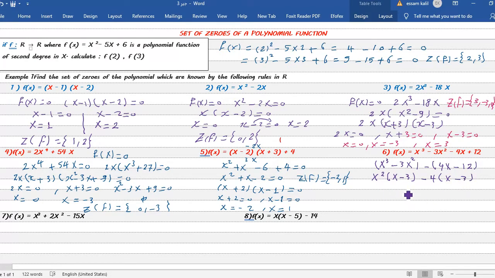What is the common factor between them? The brackets x minus 3.